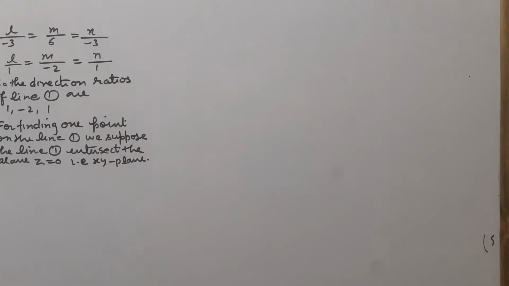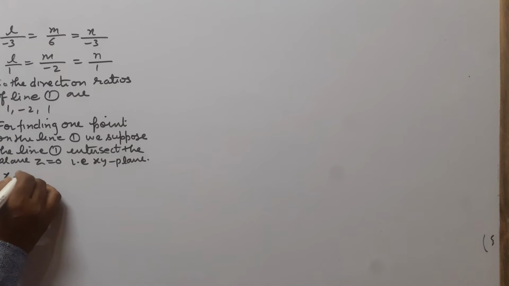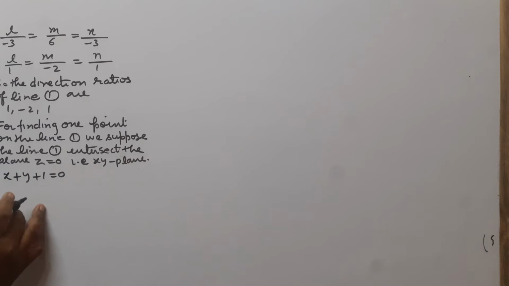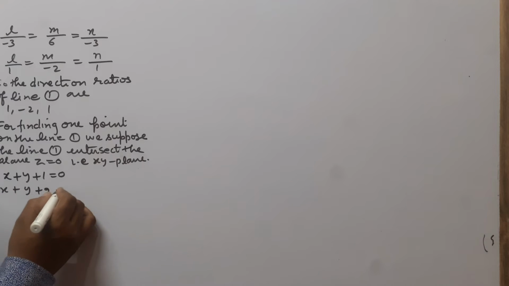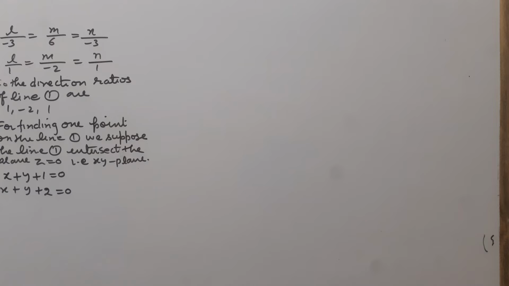So we put z is equal to 0 in the above line, we get x plus y plus 1 equal to 0 and 4x plus y plus 2 equal to 0. Now solving these two equations, we get the point from which the line passes.